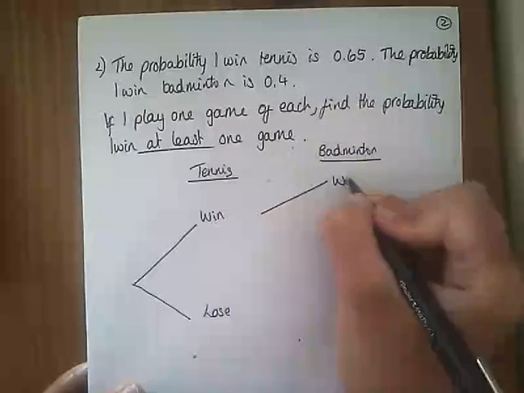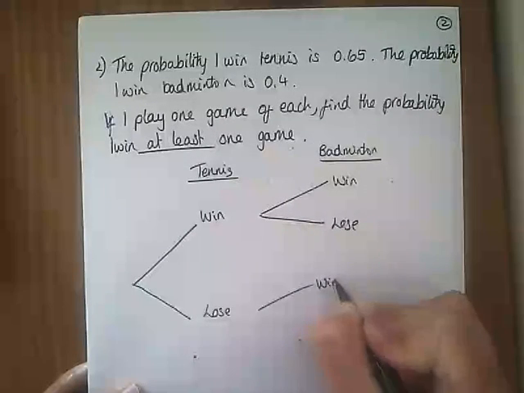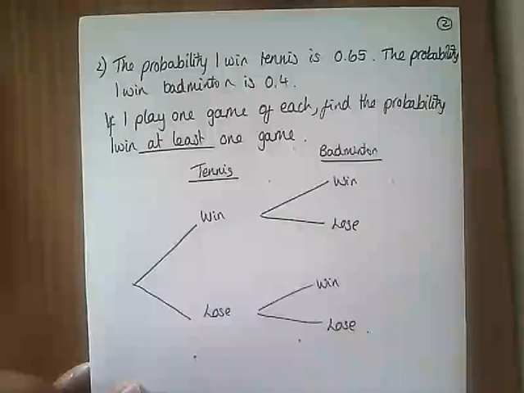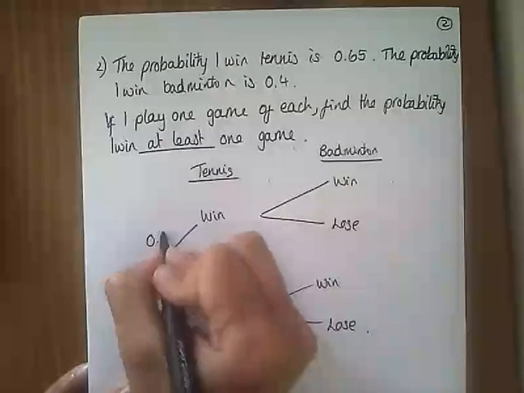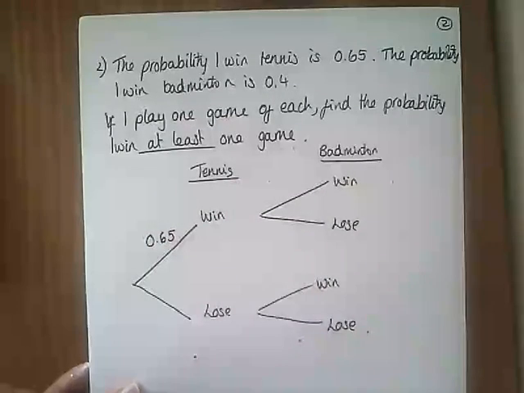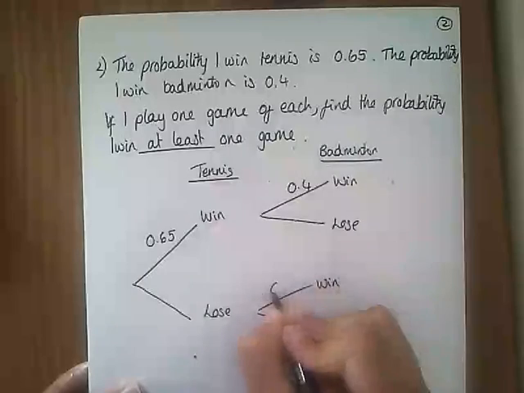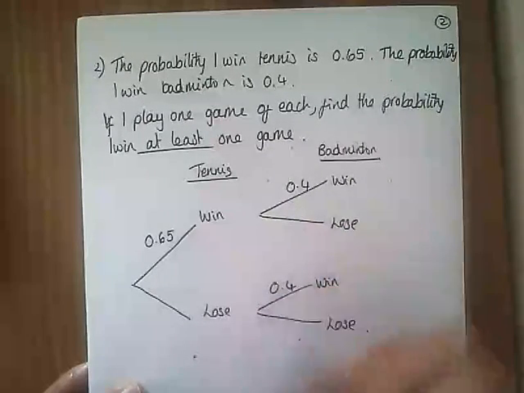And it does not matter if I've won or I've lost tennis, I can still either win or lose in badminton. The probability I win tennis is 0.65. The probability I win badminton is 0.4, and it doesn't matter if I've won tennis or lost tennis, the probability of winning badminton is 0.4 and 0.4.